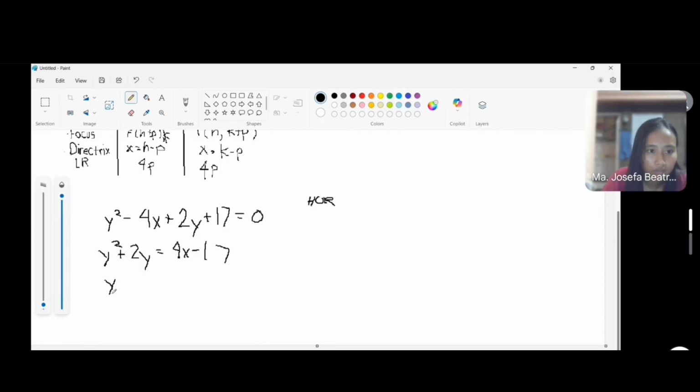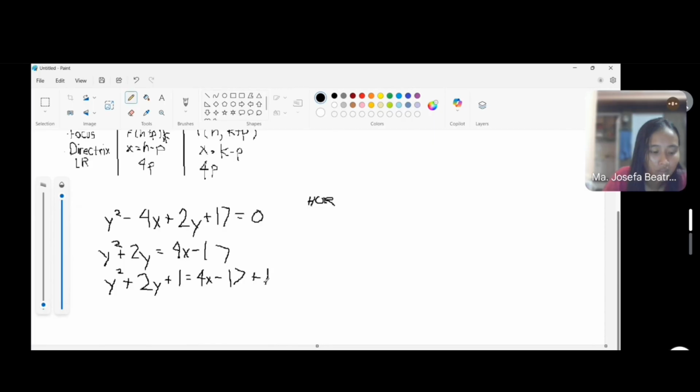And now we'll have to expand our left hand side. That would be y squared plus 2y plus 1. And then since we'll be completing the square, we have to balance our equation. So we'll add 1 onto our right hand side also.